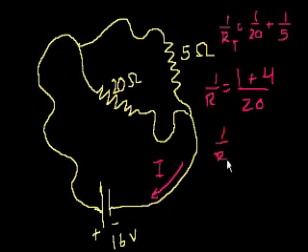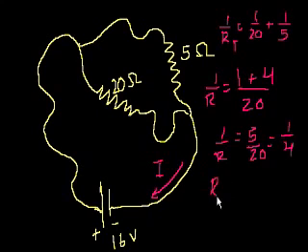So 1 over our total resistance is equal to 5 over 20, which is equal to 1 over 4. So if 1 over R is equal to 1 over 4, R must be equal to 4. So R is equal to 4 ohms.